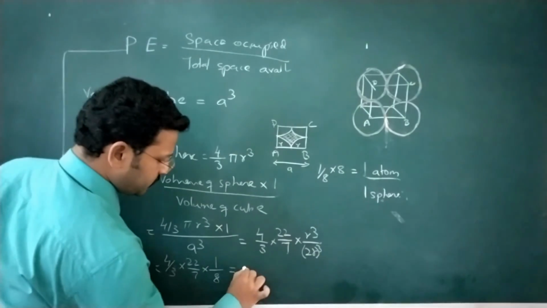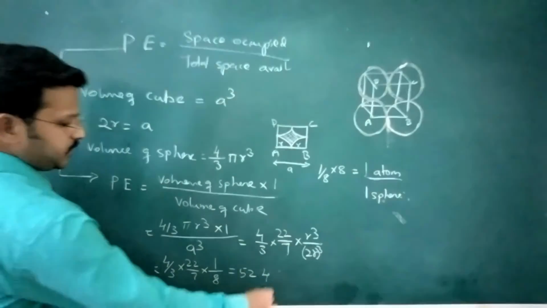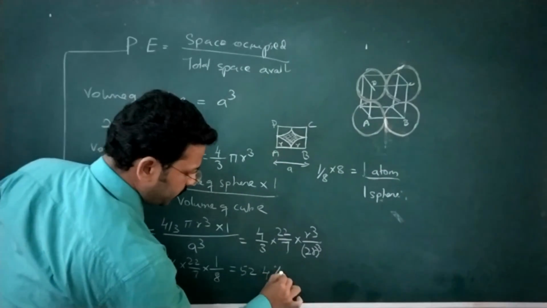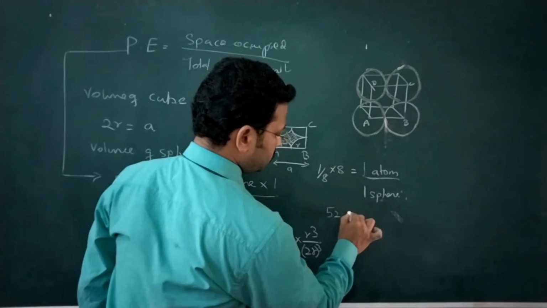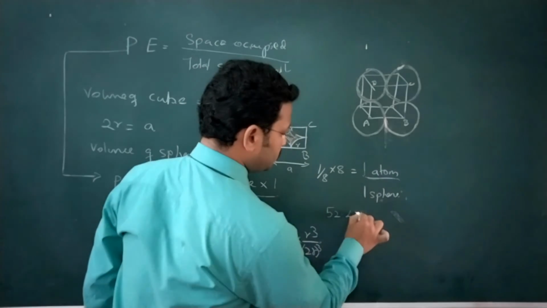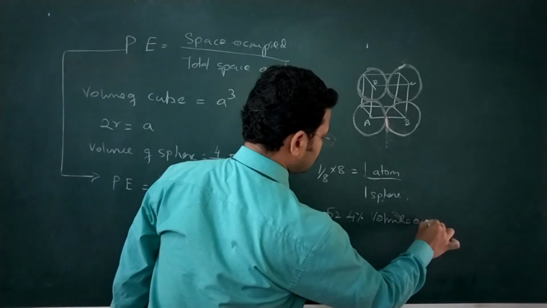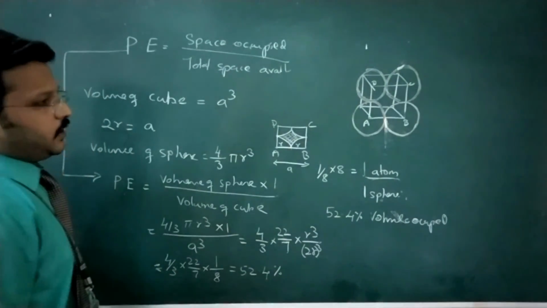So the packing efficiency here is 52.4. In percentage, the volume occupied is 52.4%. The rest will be the empty space.